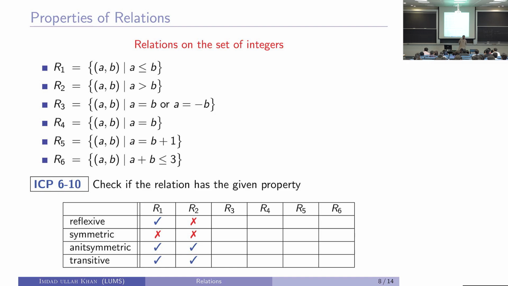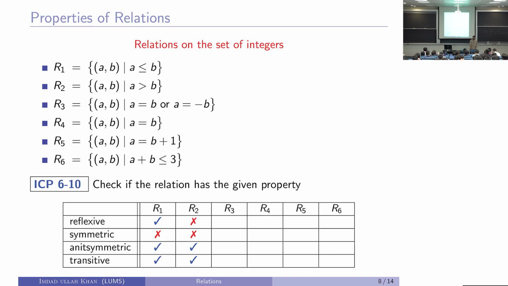For equality, it's okay that there is a bidirectional thing, that both A is less than or equal to B and B less than or equal to A. But for unequal numbers, either A is less than or equal to B or B is less than or equal to A. So R1 is antisymmetric, because whenever a number is less than or equal to some other number and they are not equal, then the other number is not less than or equal to it, it must be bigger, right?